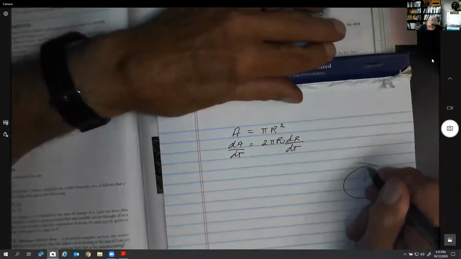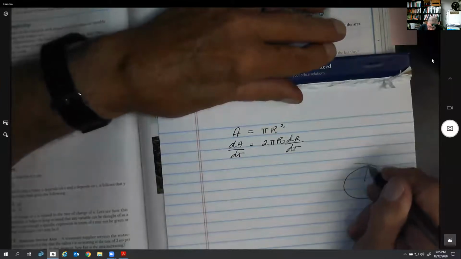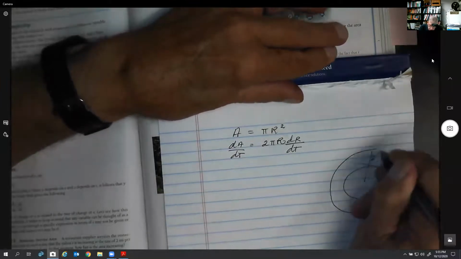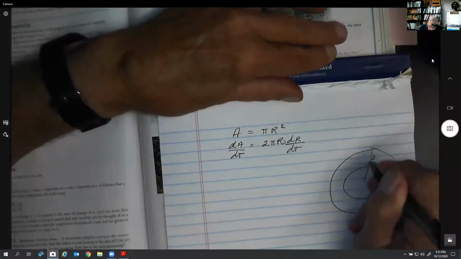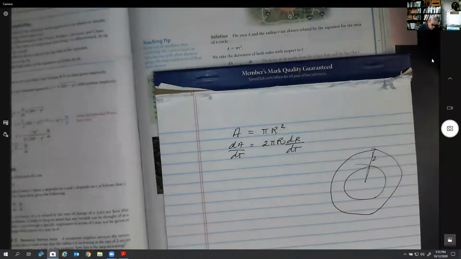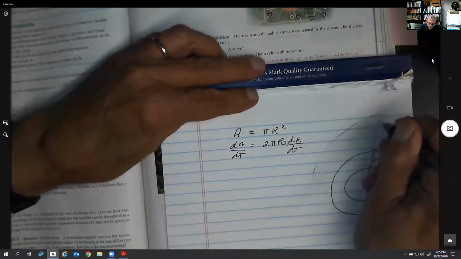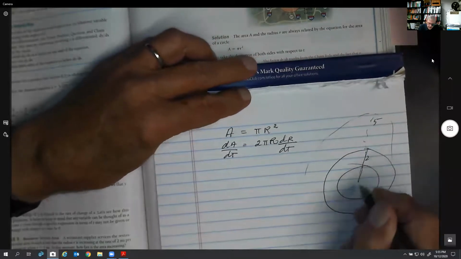Every year, say they start out as 1 year, the radius increased to 2 years. It started out as 1 year, now it's 2 years. It's increasing at 2 miles per year. At what moment, when r reaches 5 miles, gets way up here to 5, what is the area going to be?